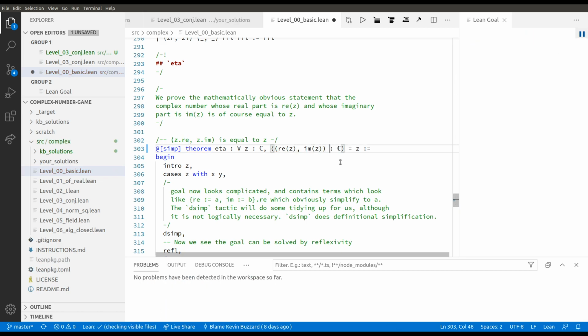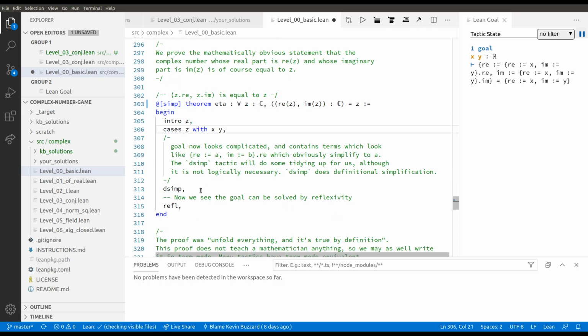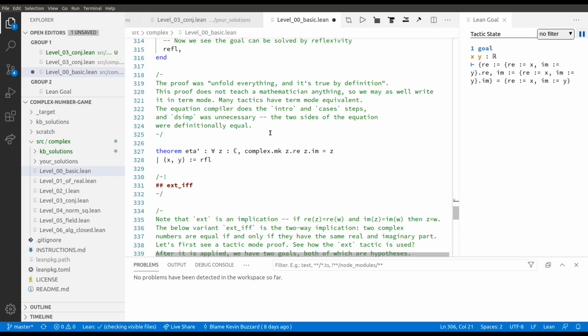If I've got a complex number, then I can take its real part and imaginary part, and I can make a new complex number with real part the real part, and imaginary part the imaginary part. And unsurprisingly, this is equal to z, although that turns out in Lean not to be true by definition. Oh, it's true by definition once we break z into its real part and imaginary part. So there's a proof by induction or something.